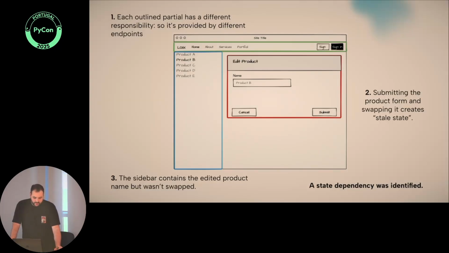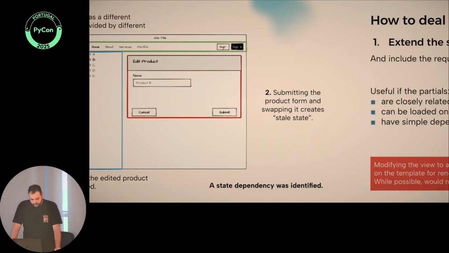But unless you also target the left side, you'll get stale state because the list hasn't updated the product name. This is a very common thing when you start working with these technologies, and we're going to look at some ways of mitigating these issues.